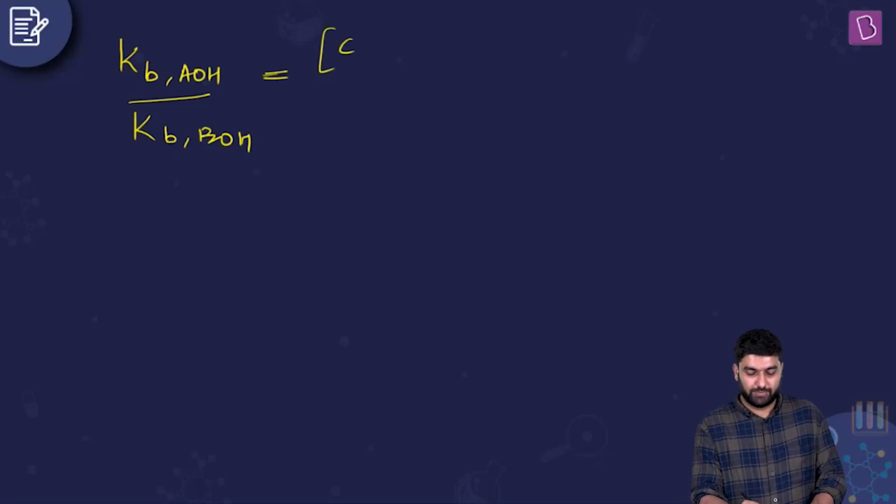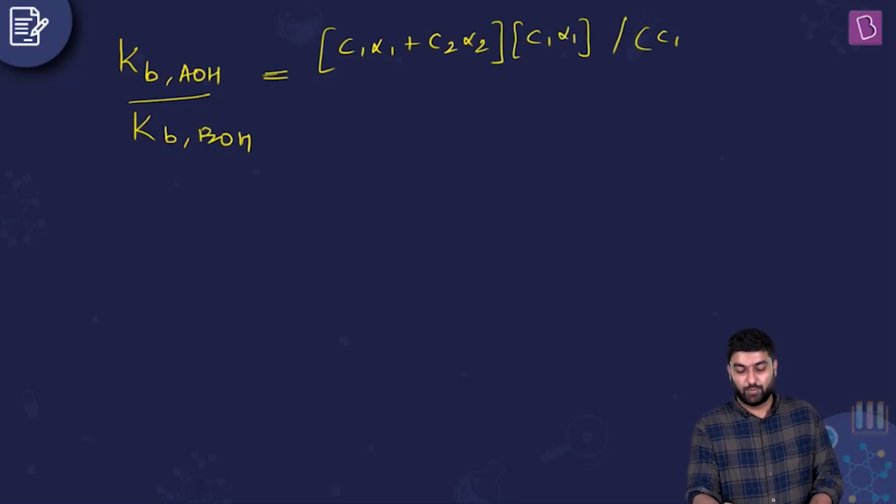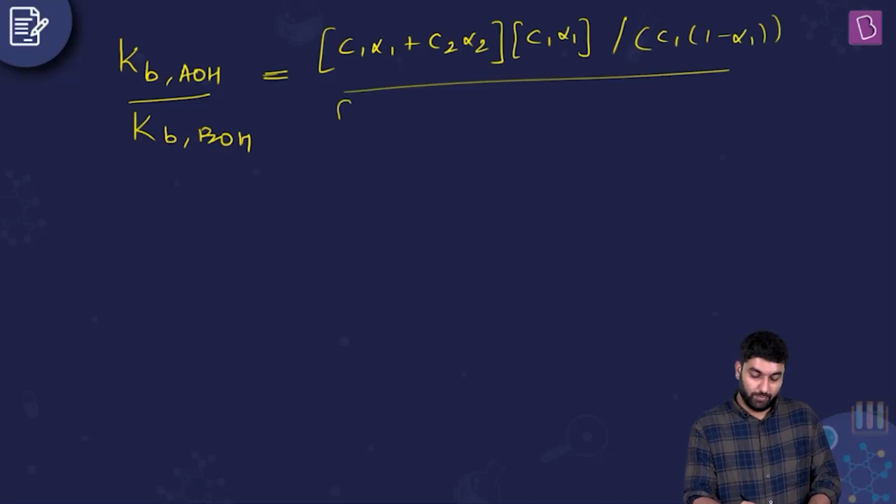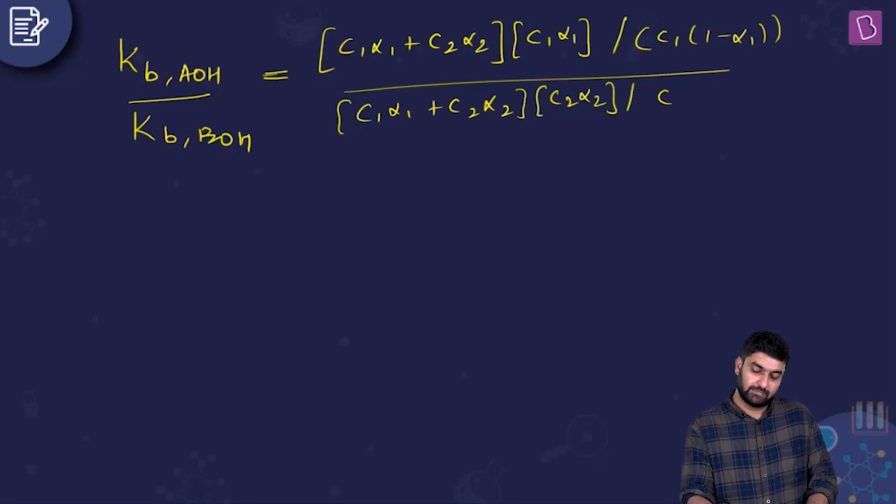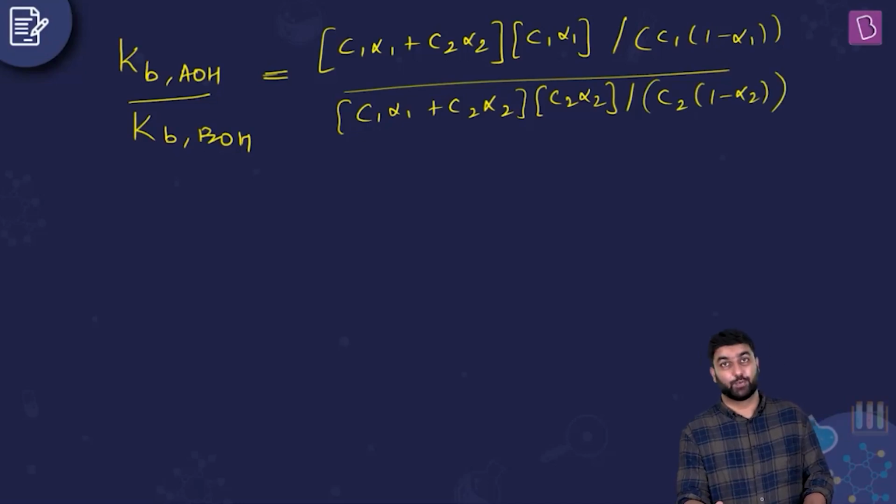That will turn out to be C1 alpha 1 plus C2 alpha 2 multiplied by C1 alpha 1 divided by C1 into 1 minus alpha 1, right? Okay. And the other one will be C1 alpha 1 plus C2 alpha 2 multiplied by C2 alpha 2 divided by C2 into 1 minus alpha 2, right? This is what we have.